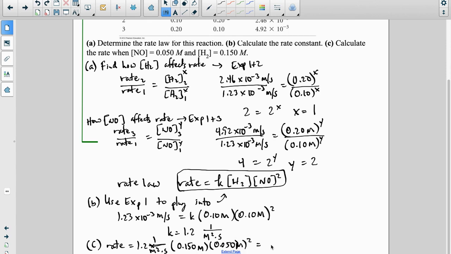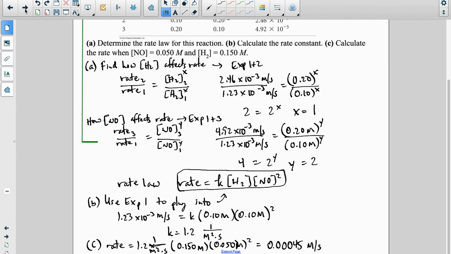And then solving for that, sorry, we should work this out, times 0.15 times 0.05 squared equals 0.00045. And the units are going to be molarity per second.